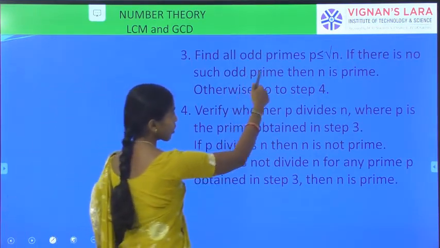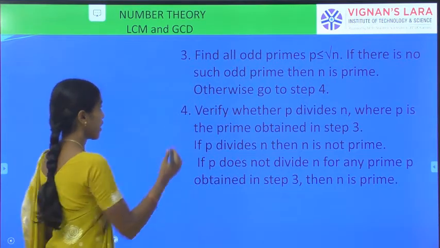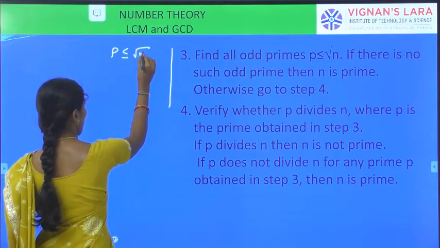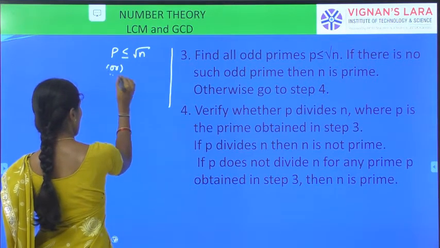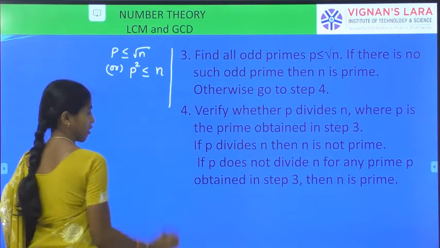Step 3: find all odd prime numbers p less than or equal to the square root of n. Otherwise, the same thing can be written as p square less than or equal to n.